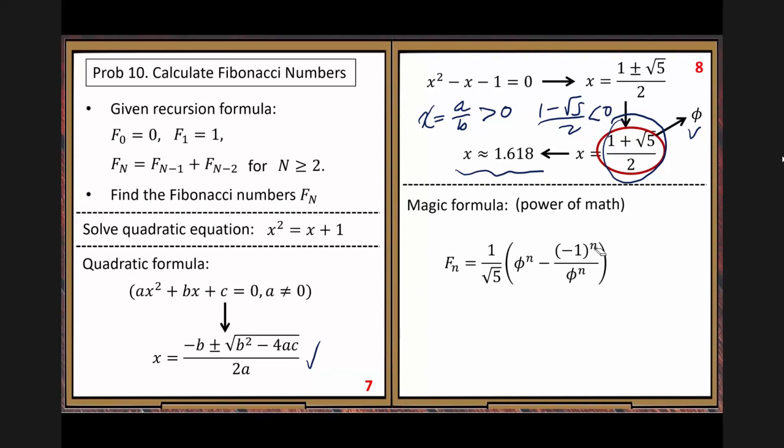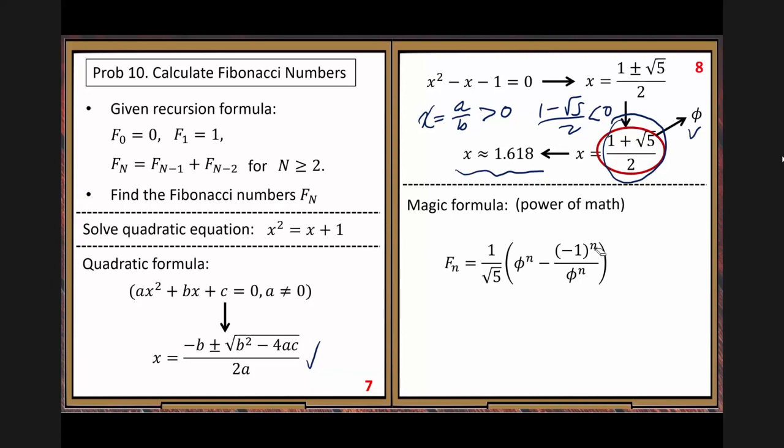Because root 5 is an irrational number, right? We cannot say it's a good number, easy to handle. Root 5 at the denominator is not easy to handle.